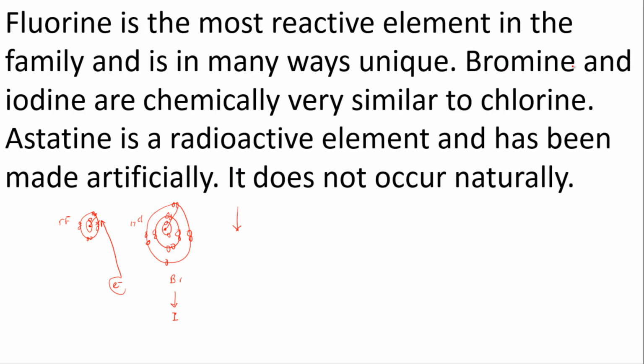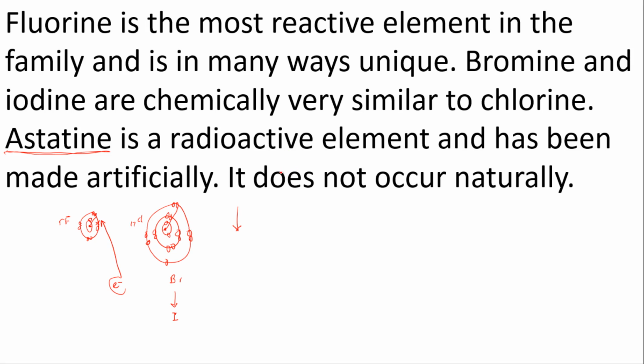Then aside from that, we say bromine and iodine are chemically very similar to what? They are similar because they have the same number of valence electrons in their outermost shell. But astatine is totally different from the others because it is a radioactive element. And when you're talking about radioactive elements, you'll be talking about what do we call it?